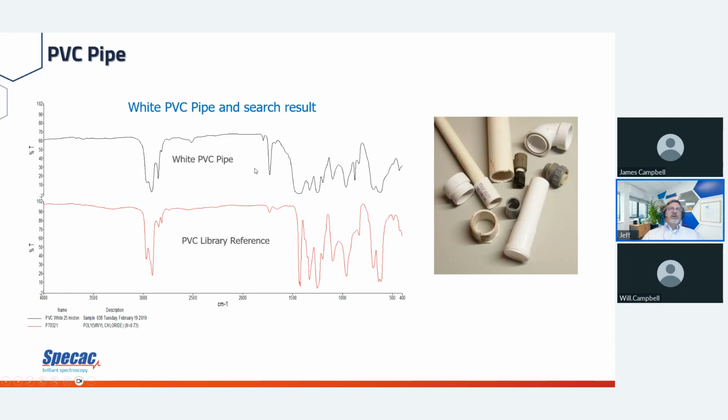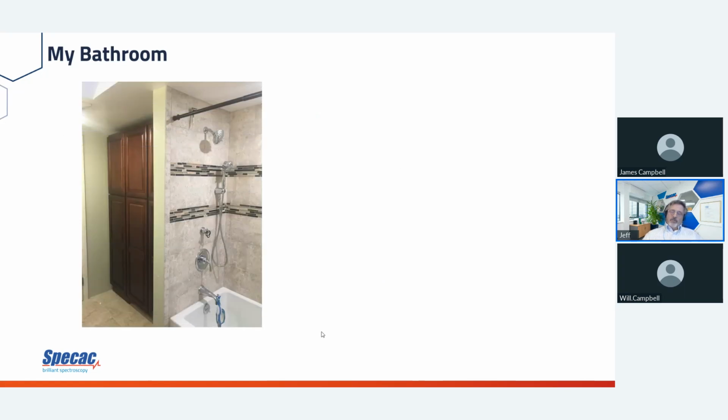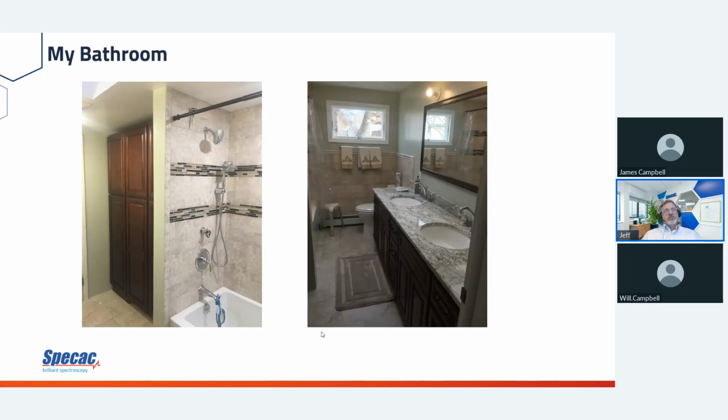There's probably UV inhibitors in there, probably a lot of titanium dioxide, other binders and things that changed what the spectra looks like. But that is another analysis that can be done, and you can get good results on it. And where did I get all the fittings? Well, I redid my bathroom, and all the fittings are behind here now, so you can't see them.